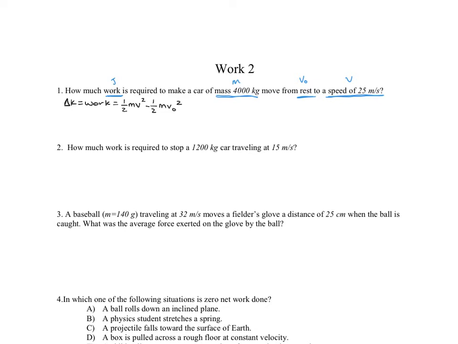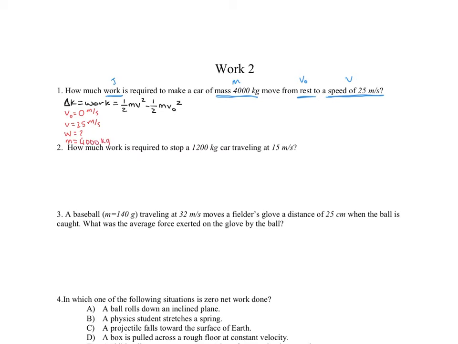So in this problem, we are given that v naught is equal to 0, v is equal to 25 meters per second, and w for work is unknown, and then mass is equal to 4,000 kg.